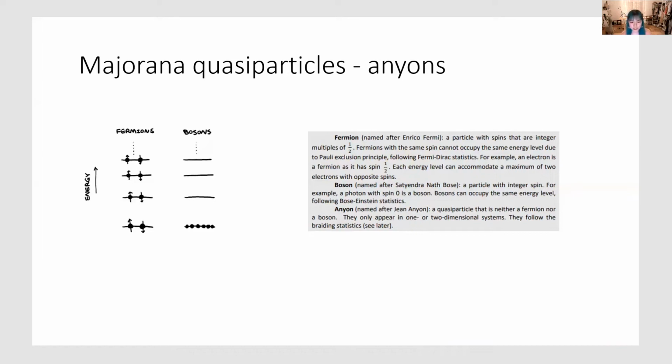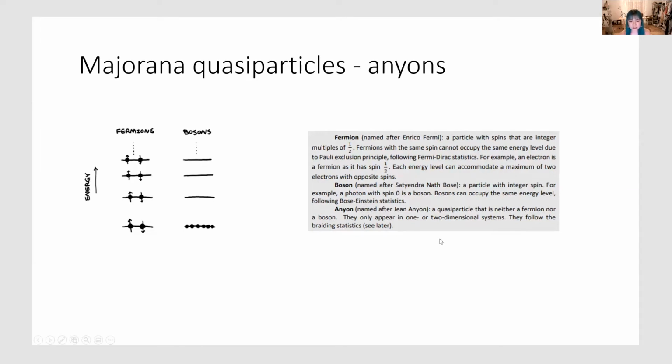But when you have a Majorana quasi-particle, it behaves like neither. It is a quasi-particle. They behave in a statistic called anyons, and it's different from fermions or bosons, because Majorana quasi-particles turn out to be their own antiparticle, and they follow a different statistics.